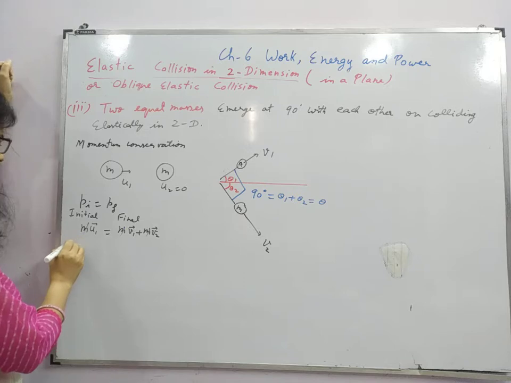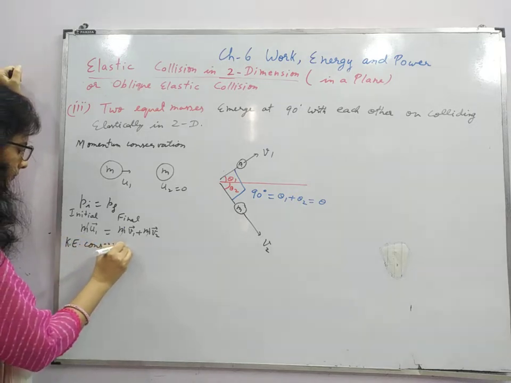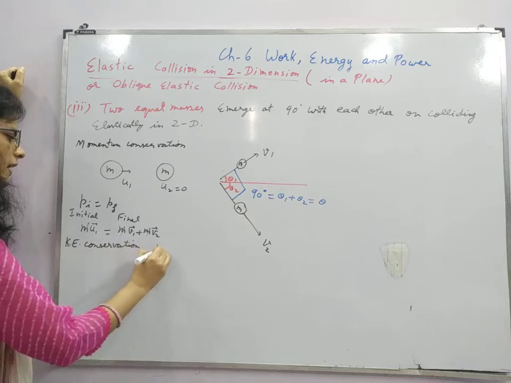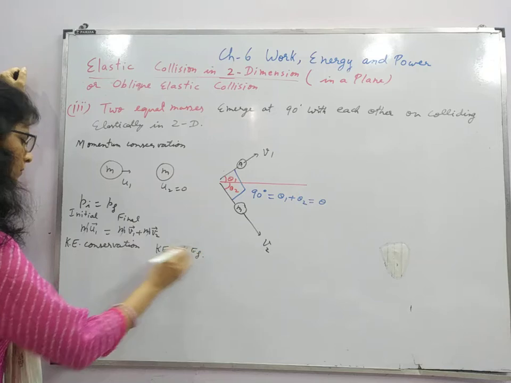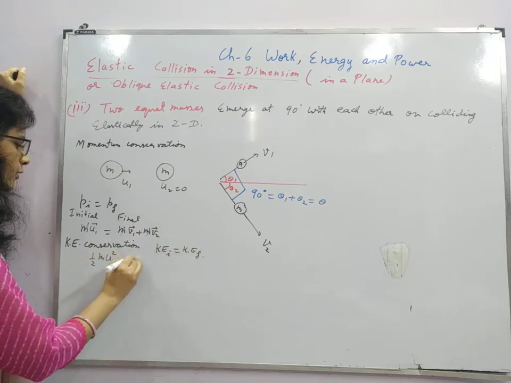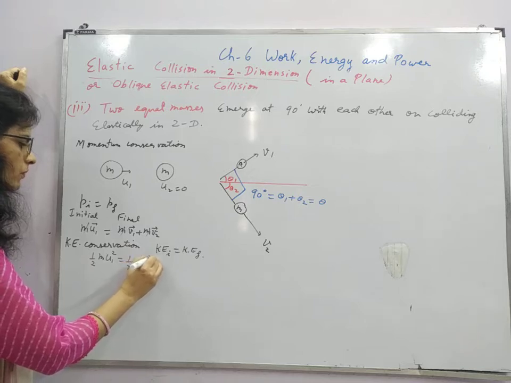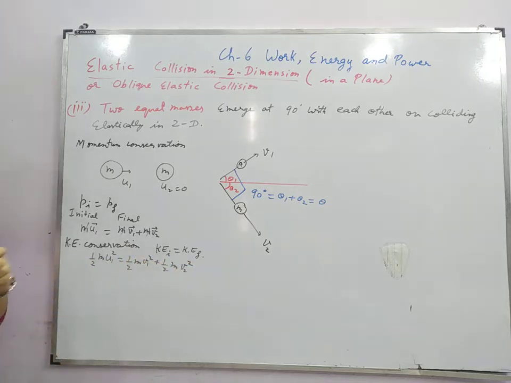Second thing, by kinetic energy conservation, kinetic energy initial is equal to kinetic energy final. So this can be written as half m u1 square is equal to half m v1 square plus half m v2 square. Again, what will cancel out?